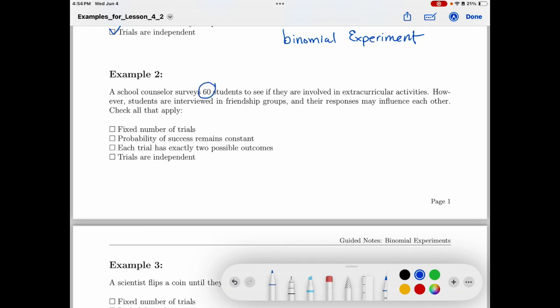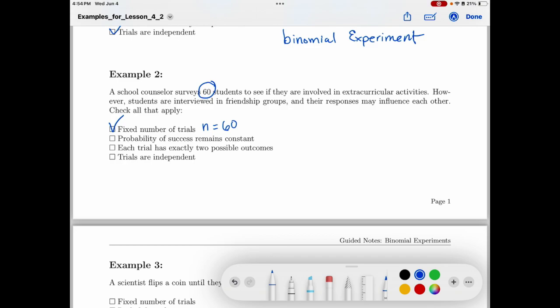Are there a fixed number of trials? Yes. Speaking with each student is considered a trial. Every student, when you ask that question, that's one of your trials, and there's a fixed number of them. There's 60. So in this case, there is a fixed number of trials. n is equal to 60.